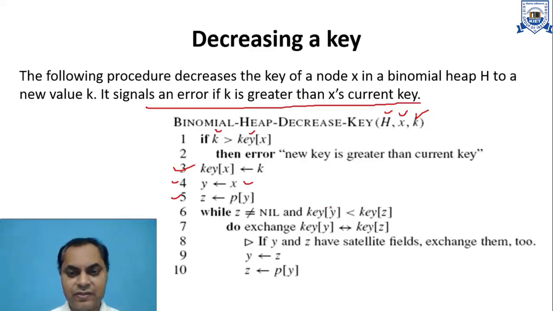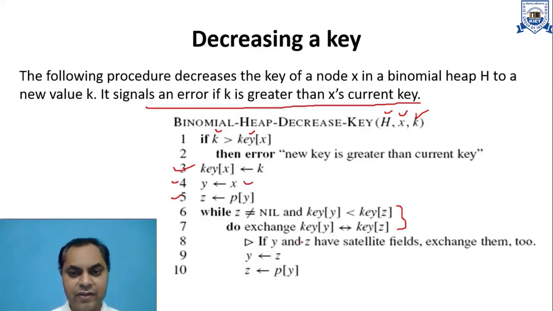So if the key of y is less than the key of z, then we have to exchange the values of y and z, because it is a violation of the min heap property. So by exchanging, we want to restore that heap property.